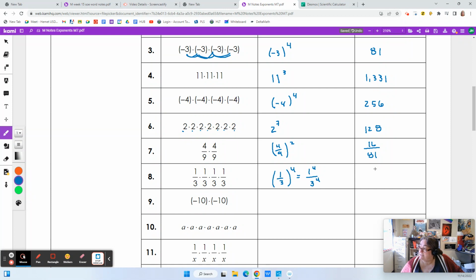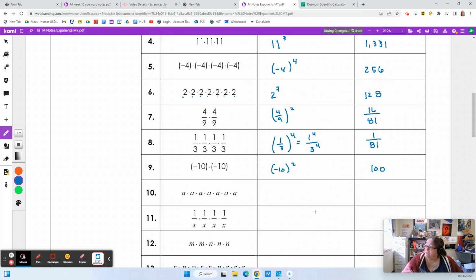Because when I rewrite this as a value, 1 to the 4th is still just 1. 3 to the 4th is 81, right? So it's like you're solving two problems in one. -10, that's just squared, right? That's -10 to the 2nd power, which is just 100.